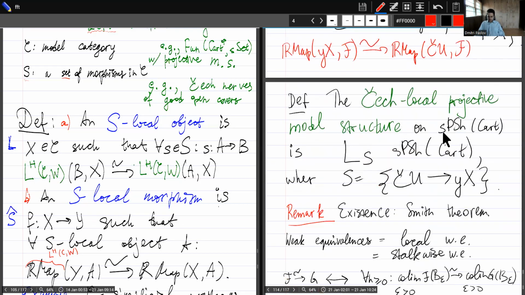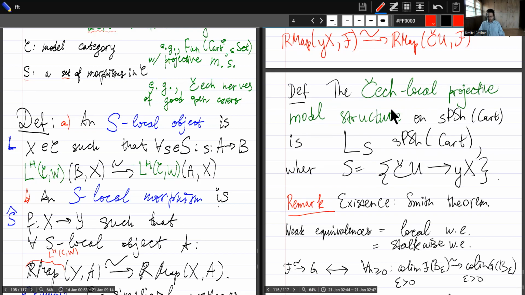So this immediately leads us to the definition of the Čech local model structure on simplicial presheaves on Cartesian spaces as the left Bousfield localization of the projective model structure, I should have said. And you left Bousfield localize it with respect to the set of morphisms S, given by the map from the Čech nerve to the corresponding representable object.